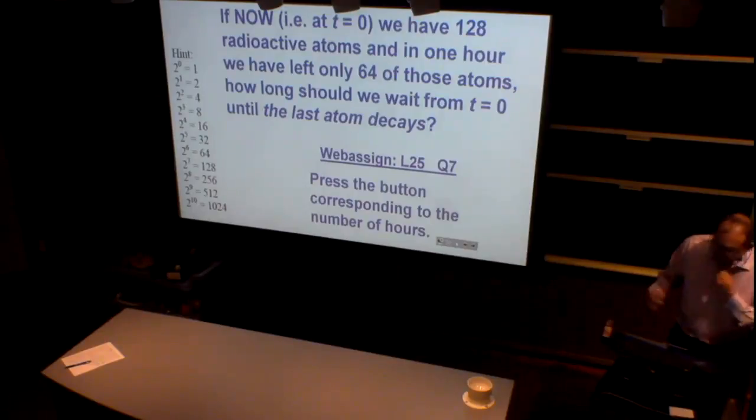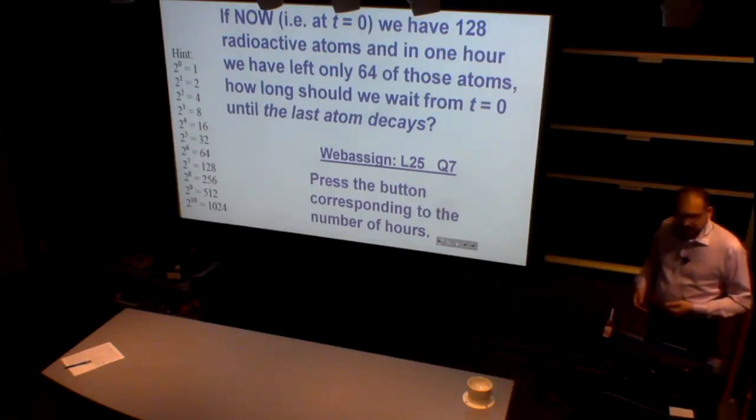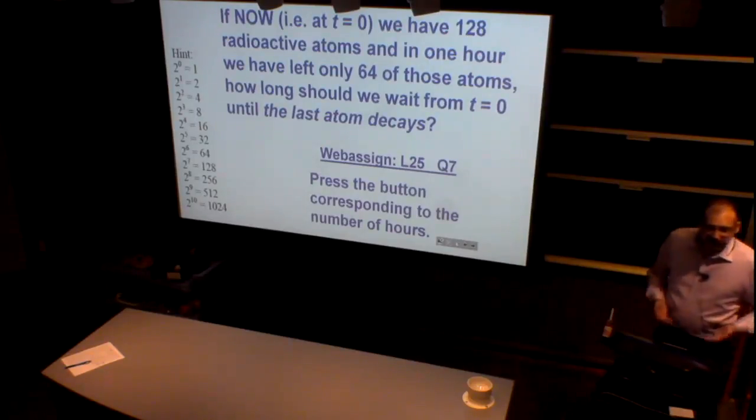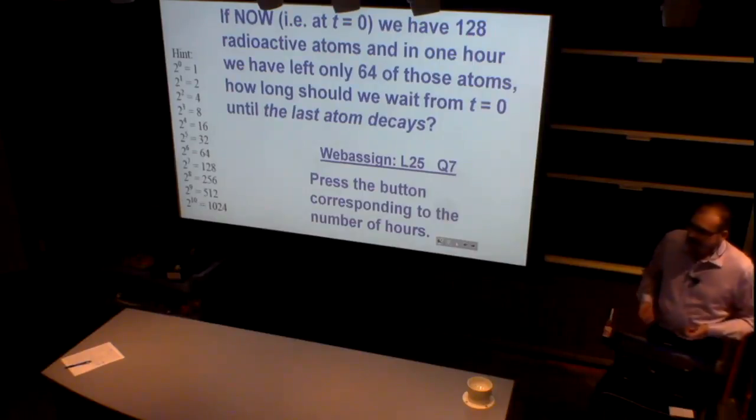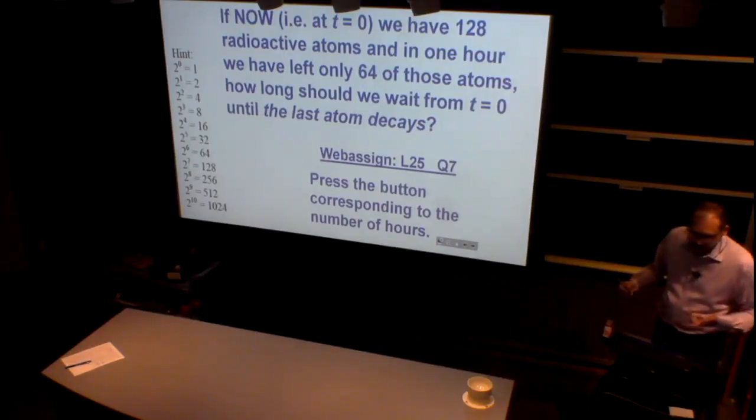Now, the question, I'm going to give you a minute or two to try to figure it out. So the word now normally means the initial instant, the time when we start the stopwatch. Starting from this time, the number of radioactive elements decreases. In this situation, it decreases from 128.